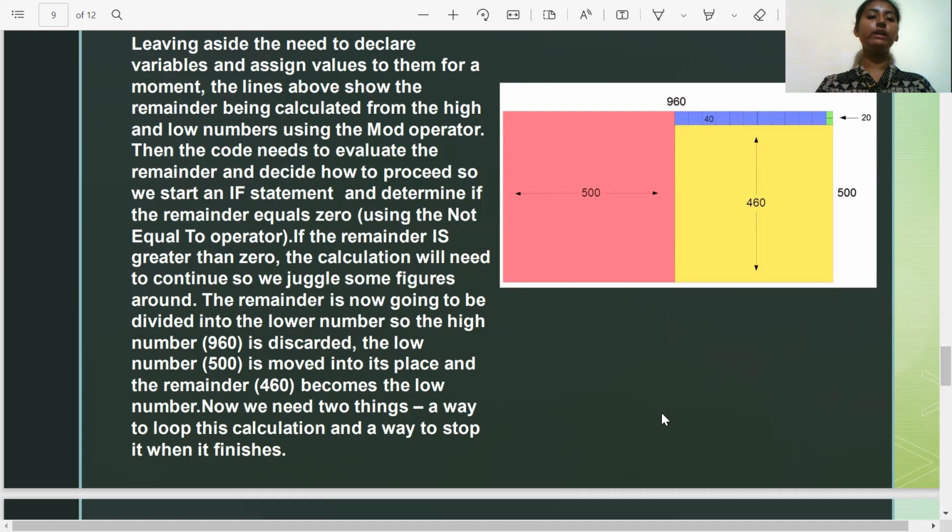So the higher number is discarded, the lower number is moved into its place, and the remainder becomes the lower number. Now we need two things: a way to loop this calculation and a way to stop it when it finishes.